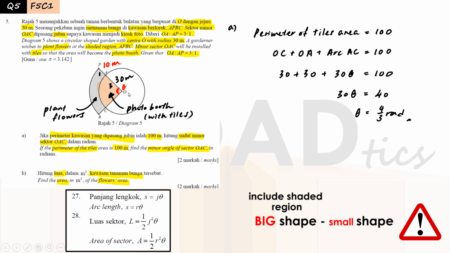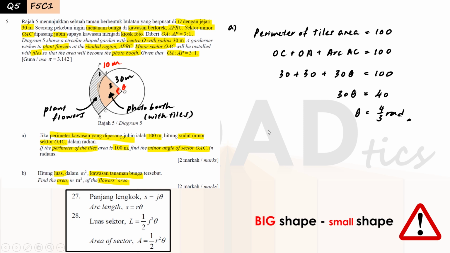And I choose a sector because we have a formula that helps us find the area of sectors, so later on when we calculate, it will be easier. And the small shape would be the shape that is included in our big shape but we don't want it, for example the photo booth area or the sector OAC. So this is our small shape.